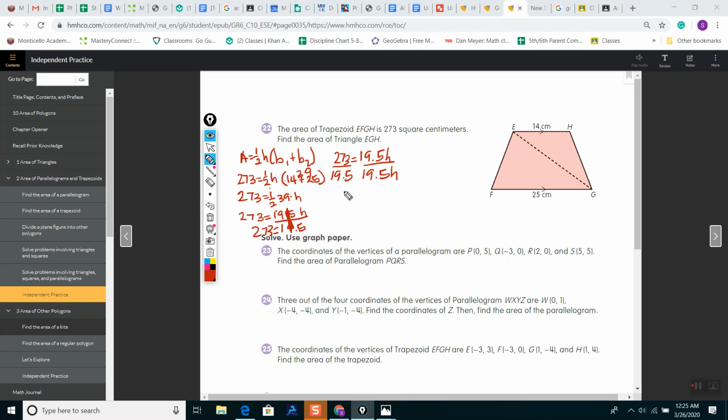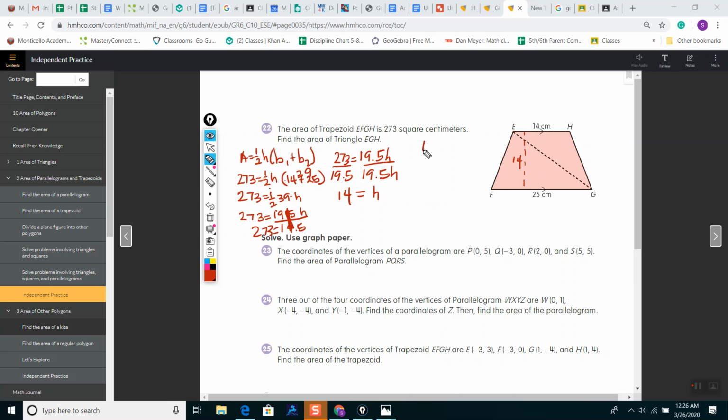Then 273 divided by 19.5 is 14. So H is equal to 14. So my height here is 14. That means the height of both of these triangles would be 14.